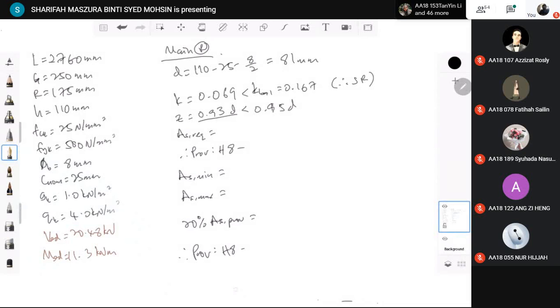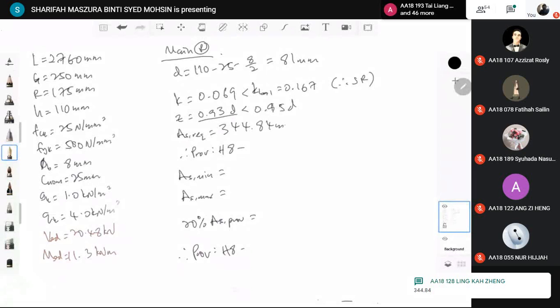Based on your calculation, As required, what do you get? 344.84 millimeter square per meter. Calculate As minimum and As.